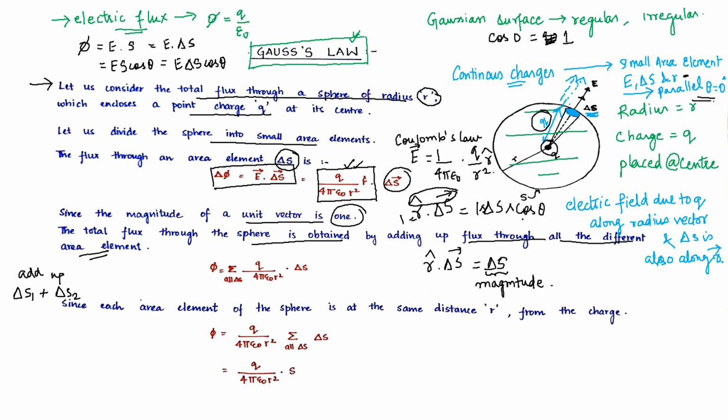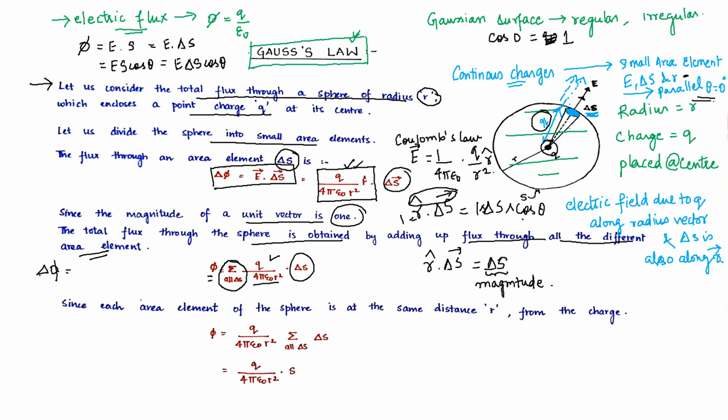So here the flux, when we are adding up all the surface areas S1, S2, S3, everything, all del S, we are adding up into Q by 4 pi epsilon naught R square into the area. Okay, we are getting the total flux.